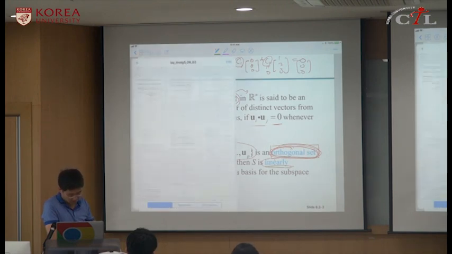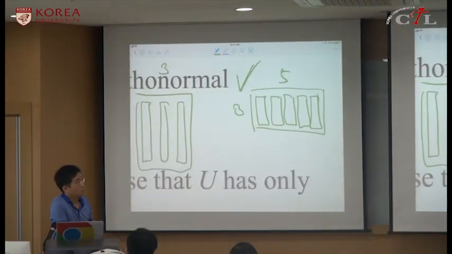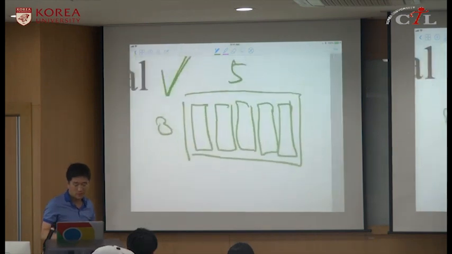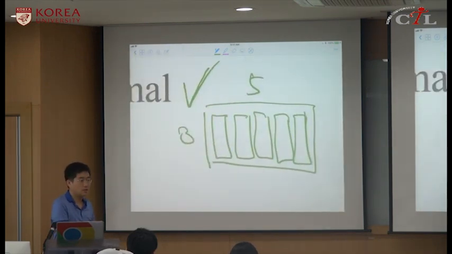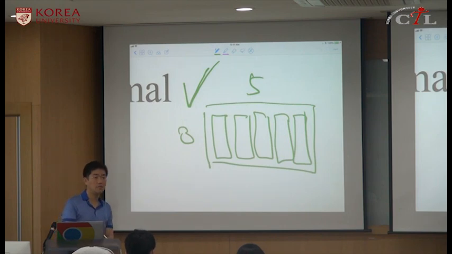So back to this case. If 5 vectors are orthogonal to each other, it means that they are at least linearly independent. So we would have 5 linearly independent vectors in 3-dimensional space, which is not possible, right?